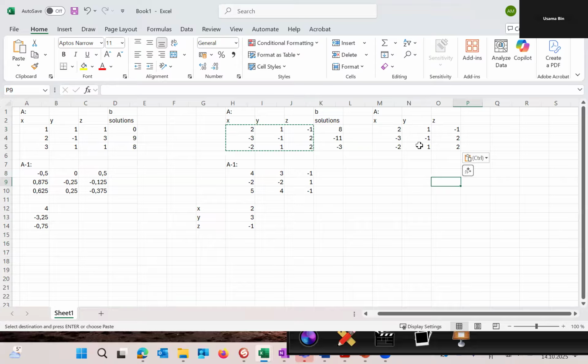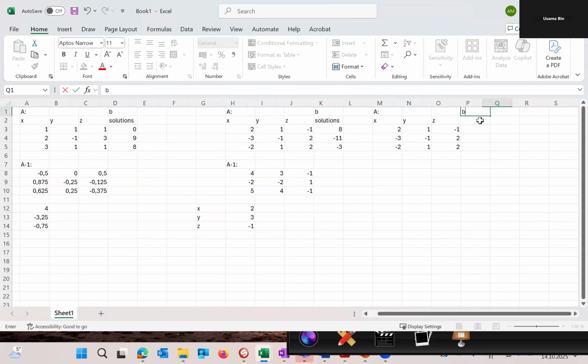Numbers that I multiplied Y with in those equations, and numbers that I multiplied Z with in those equations earlier. So that's my matrix A. Then it was the B that were the solutions of those equations. So here would be 8, minus 11 and minus 3.